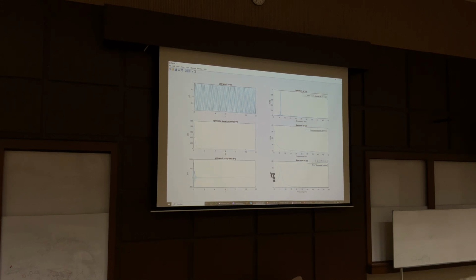And you see now this spectrum is shifted to this frequency. That is the base frequency at around 6, and that is shifted here also.